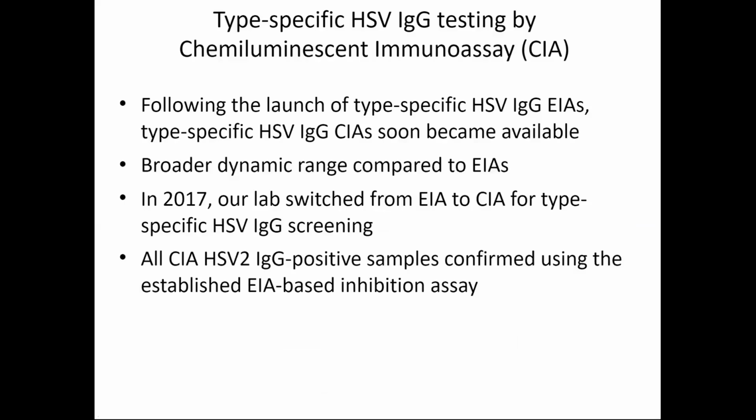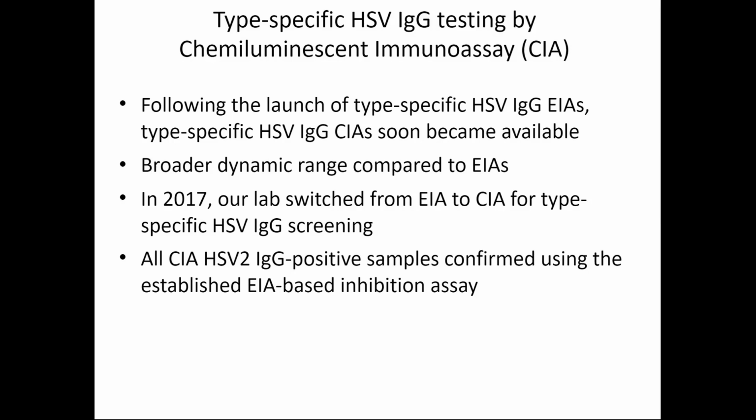After EIAs were developed, it wasn't long before chemiluminescent immunoassays came along, and these have a much broader dynamic range than EIAs. In 2017, our lab switched from EIA to CIA for type-specific HSV-1 and HSV-2 IgG screening.